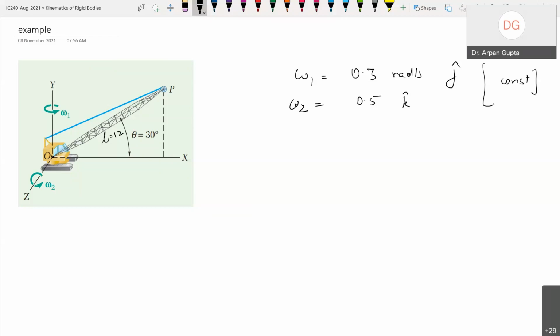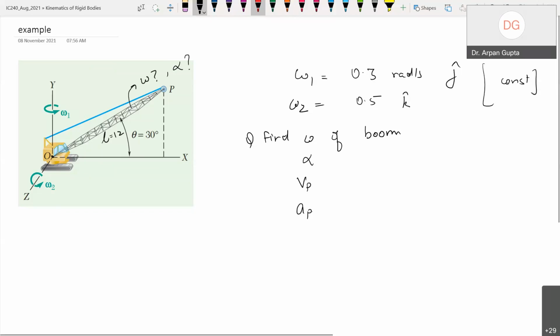The question is to find the angular velocity omega of the boom, whether there is any angular acceleration alpha of this boom, and finally the velocity and acceleration of point P with respect to the ground.